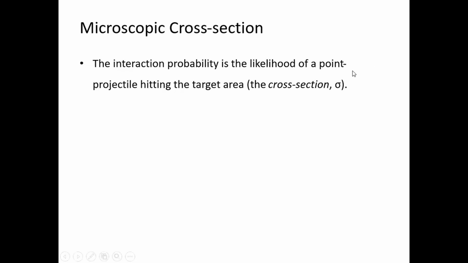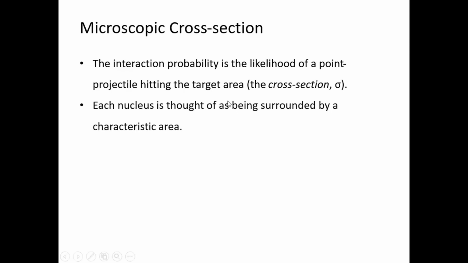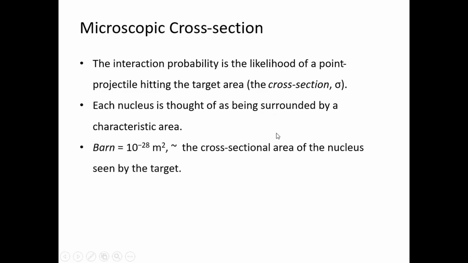It is the likelihood of a point projectile like a neutron hitting the target area, the cross-section, and how much target area a point projectile sees. Each nucleus is thought of as being surrounded by a certain characteristic area, which may be larger or smaller than the physical area of the nucleus.